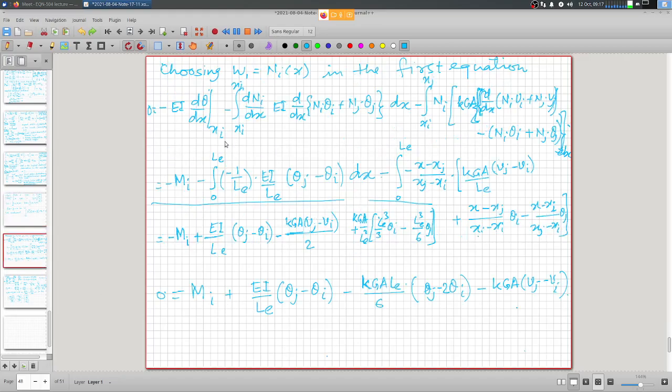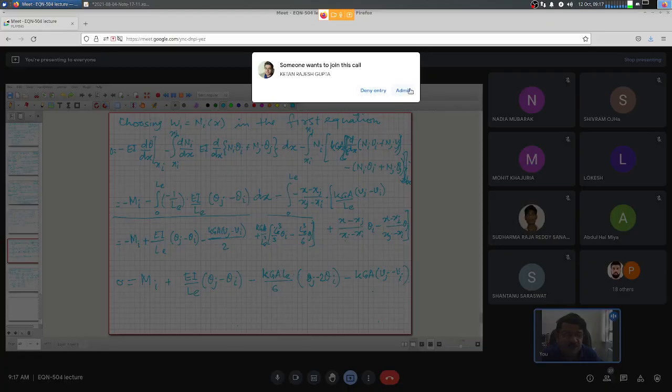And this is what we have. So this is the first equation, and similarly repeating the process we can get the other equations.